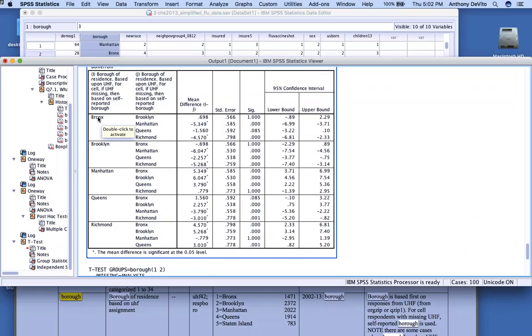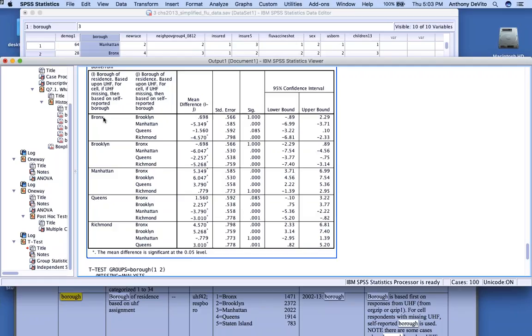Yeah, it really does everything twice. You're right about that. But Bronx and Manhattan, Bronx and Richmond, right? But are there any others? Well, Brooklyn and Manhattan are different too, right? Yeah, but as long as you catch all the differences. Oh, we have to catch all the differences? Yeah, all the differences, right?